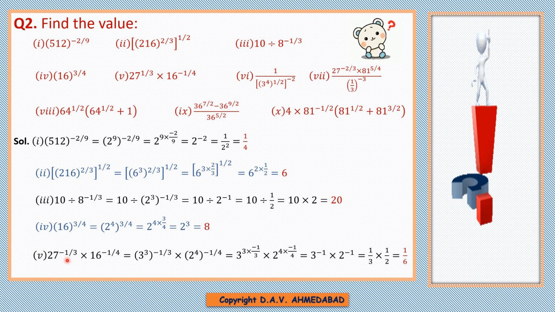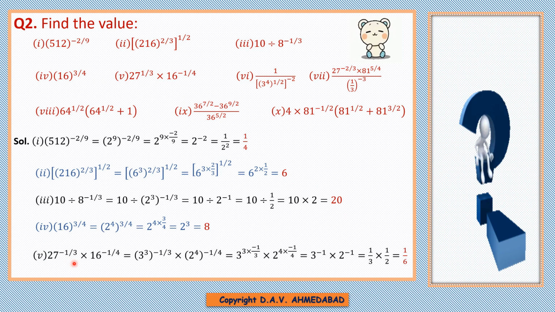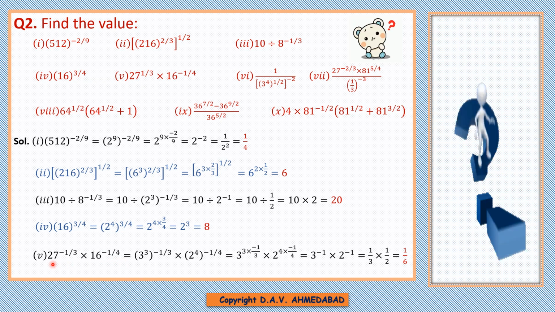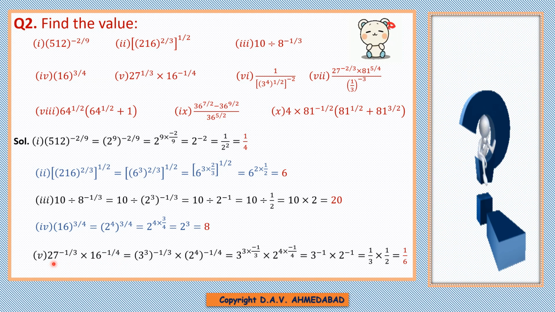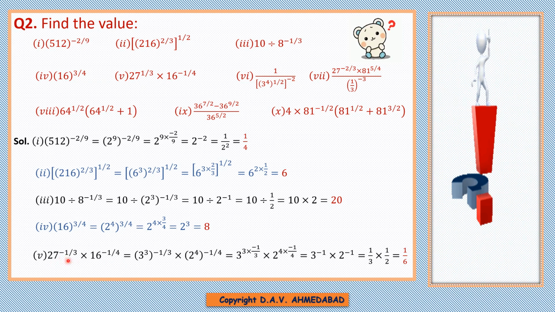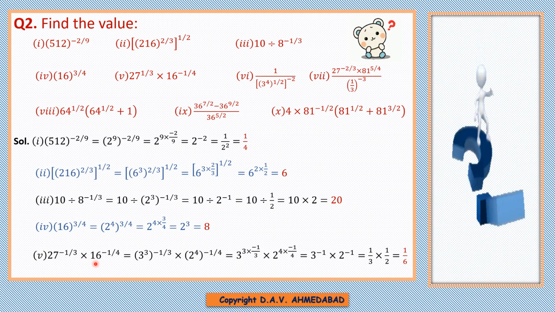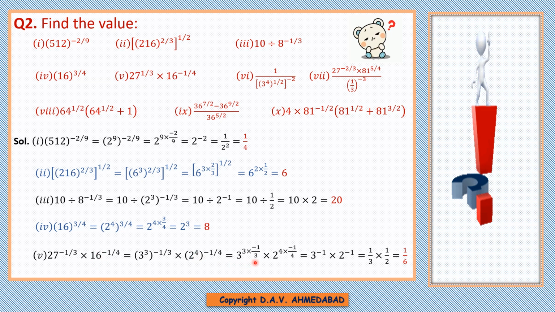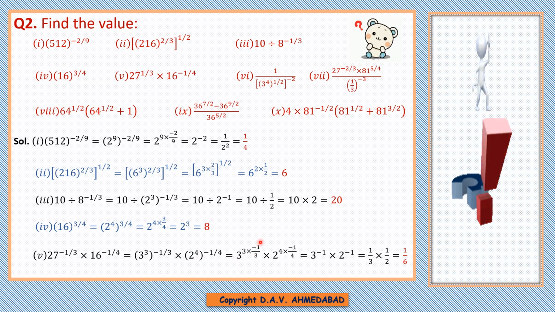27 raised to the power minus 1 by 3 into 16 raised to the power minus 1 by 4. Children, 27 can be written as 3 cube, and 16 can be written as 2 raised to the power 4. Now everyone is knowing what to do. 3 cancel.